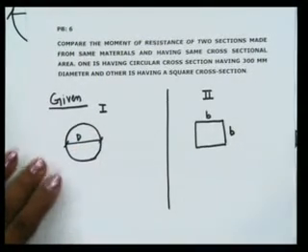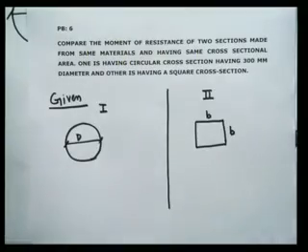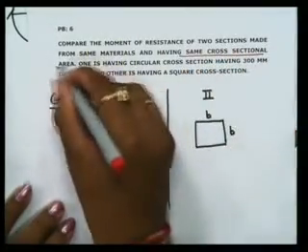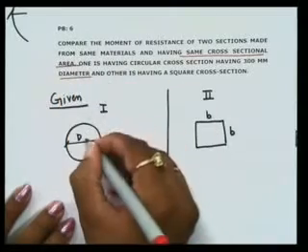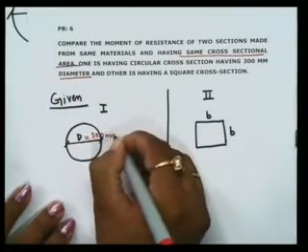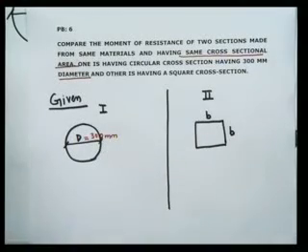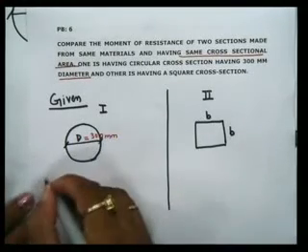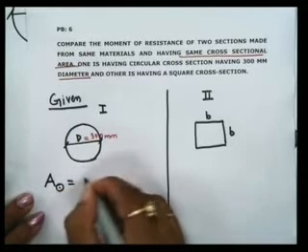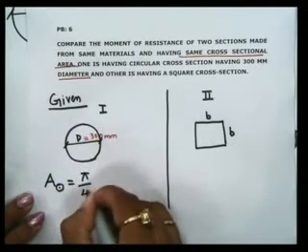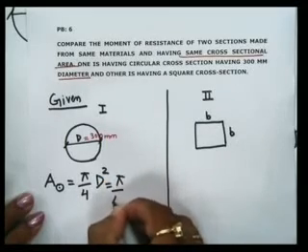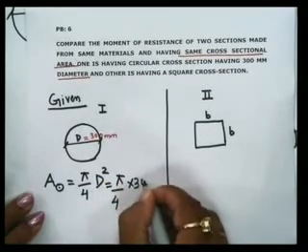Now the important point in this problem is that they have the same cross-sectional area, and the diameter is given as 300 mm. So can we find the area of this section? The area of a circle is pi by 4 d square, that is pi by 4 into 300 square.